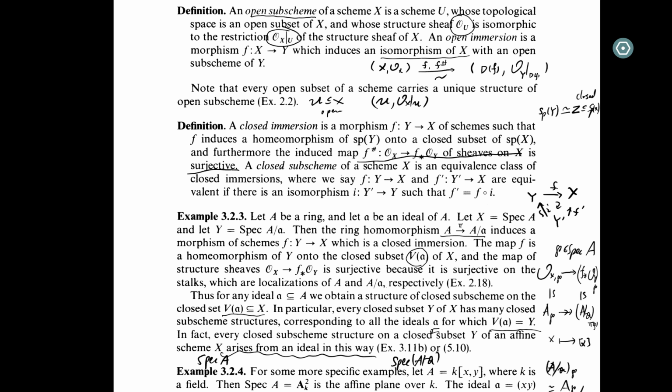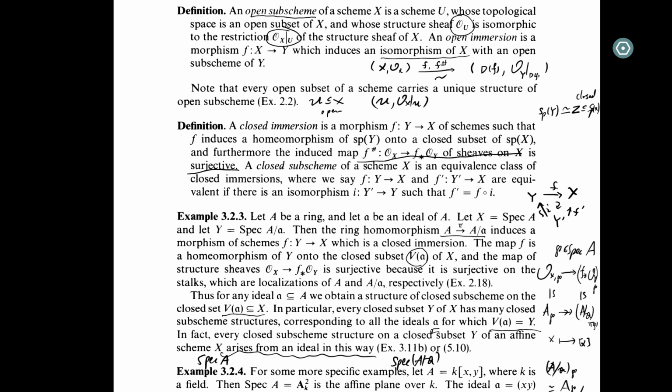And the closed immersion: first, the topological space gives you a homeomorphism onto a closed subset of the topological space X, and at the level of structure sheaves it's surjective.